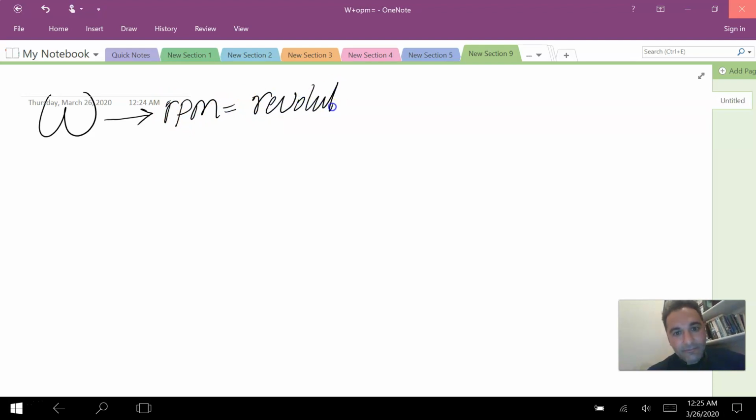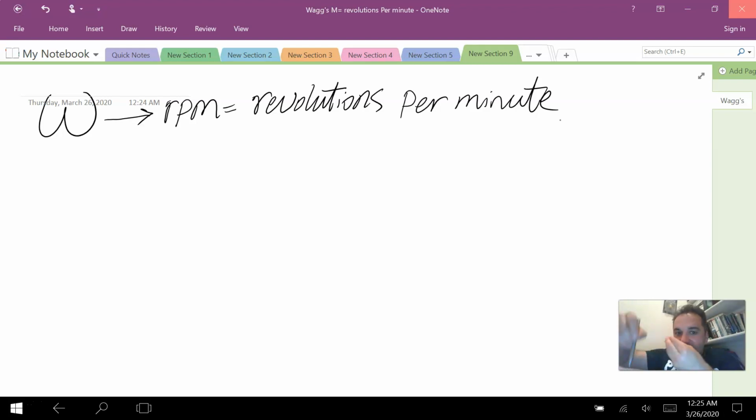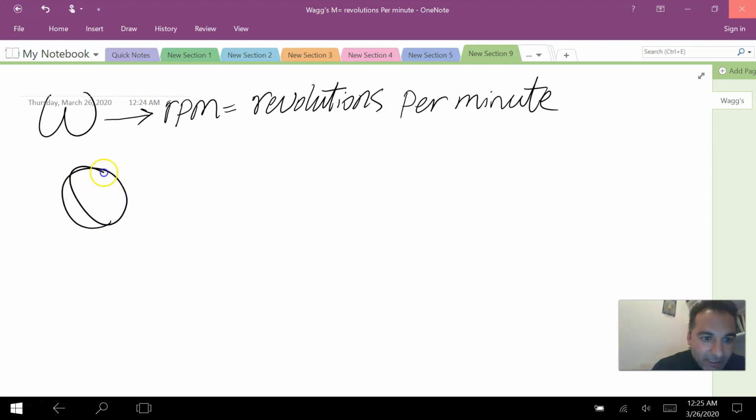Revolutions or rotations per minute. How many rotations we have in 1 minute, that is your omega.